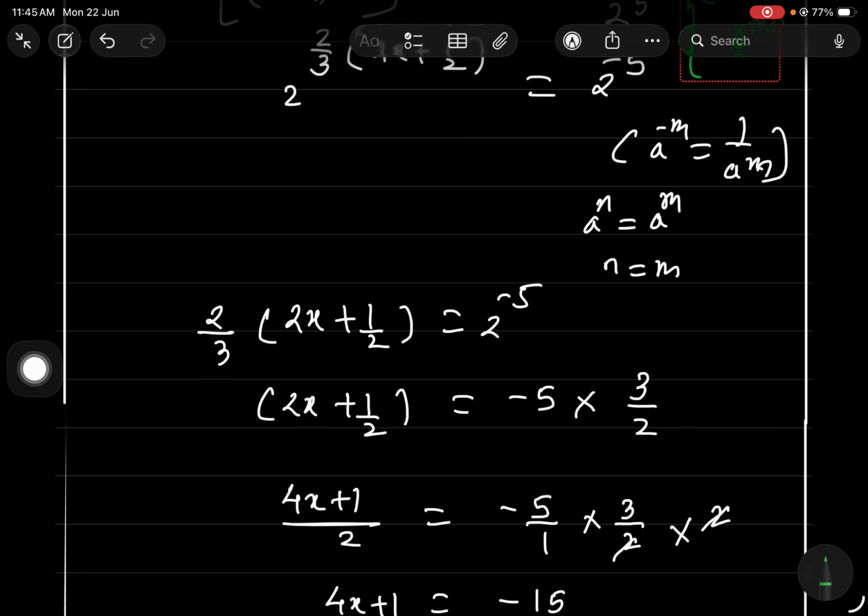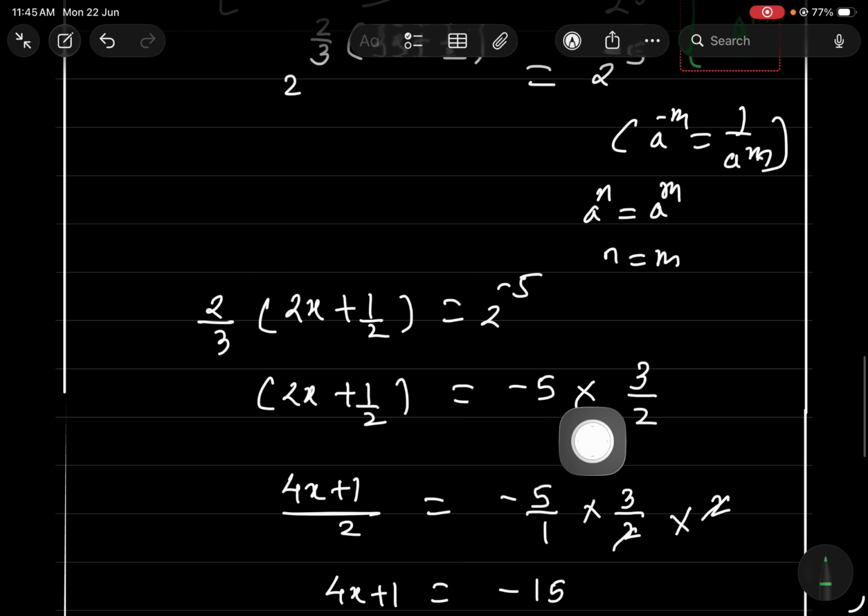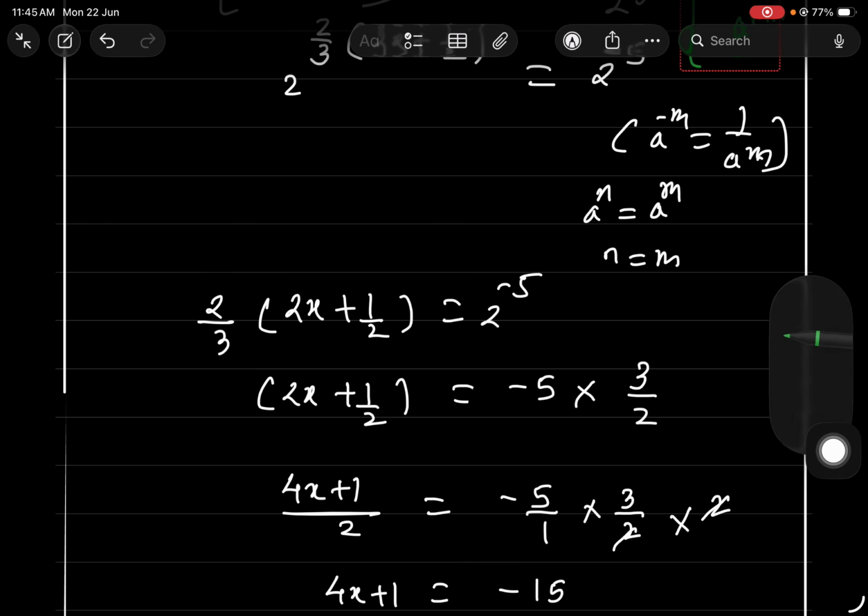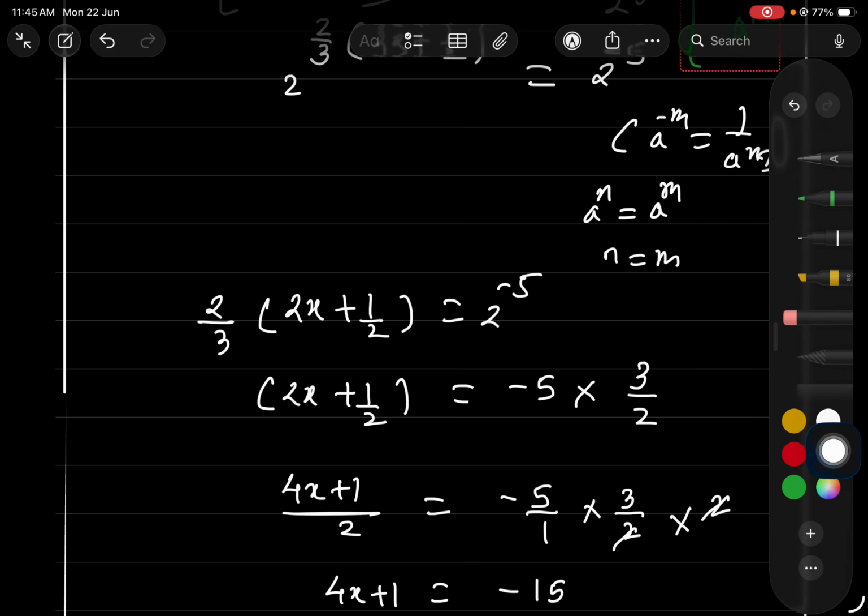Then this 2 upon 3 we transpose to this side. Here minus 5 will come directly. You can write the minus 5, no need to write 2 raised to. Okay, have you understood?